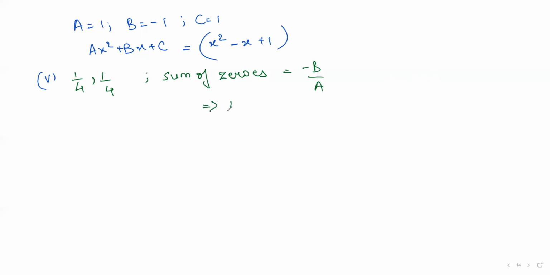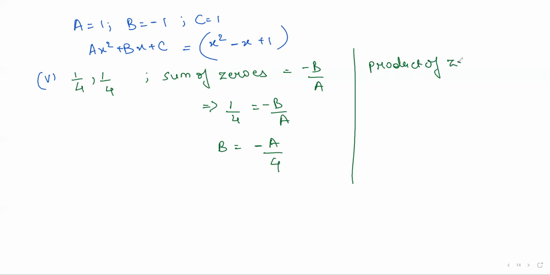That implies 1 by 4 is equals to minus b upon a. B is equals to minus a by 4. Product of zeros is equals to c upon a. 1 by 4 is equals to c upon a.